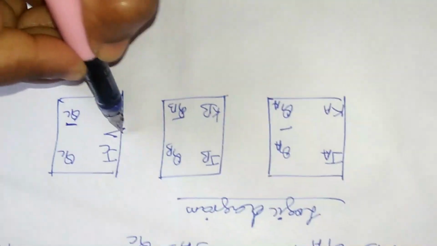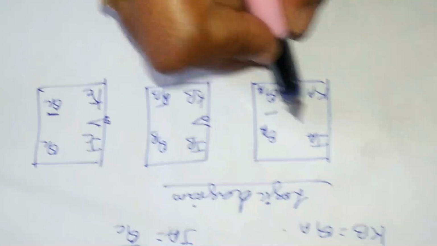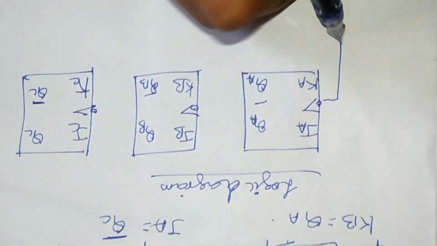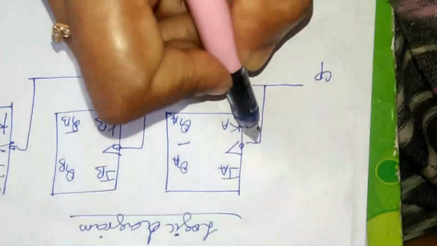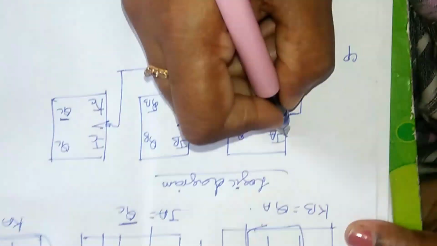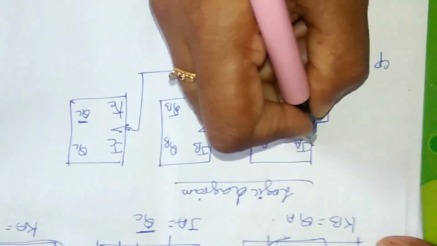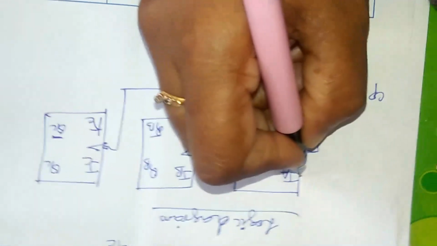Let me have a common clock pulse for all of these, and let me fill in the expressions. So the expression for JA is 1, correct?